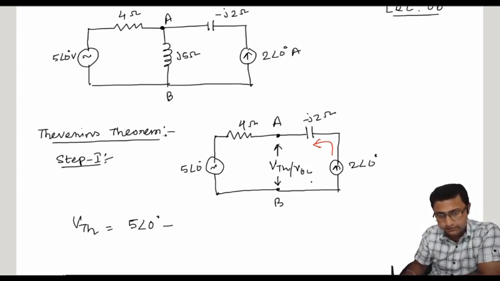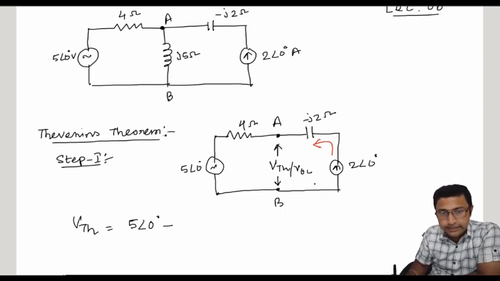What is the I? Look, the current 2 at an angle 0 is flowing from right side to left side. That means if I consider from the 5 at an angle 0 supply voltage side, the current is negative.